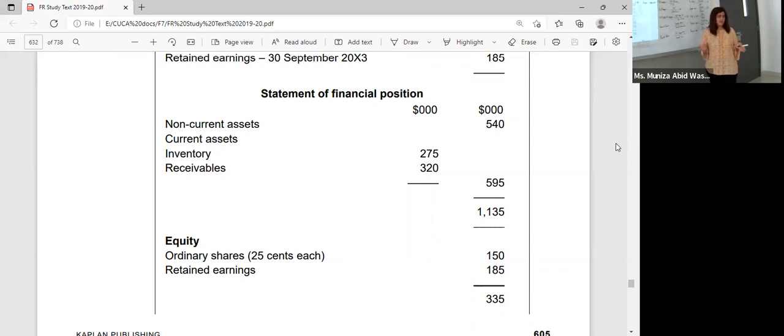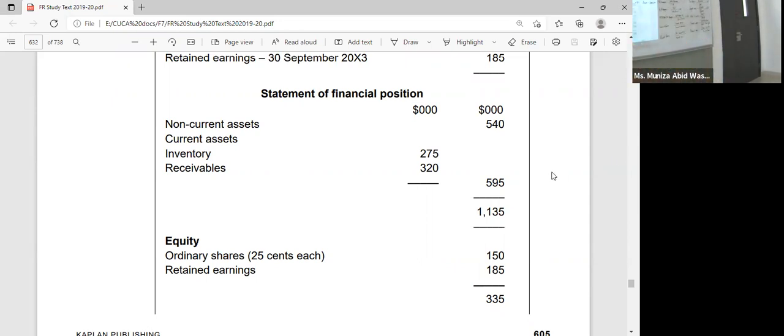Yes, percentage. In percentage, we have to multiply by 100. Have you done multiply by 100? How much? 53.5. So it's 53.5%. Either you can take 54% or you can take 53.5% as well.